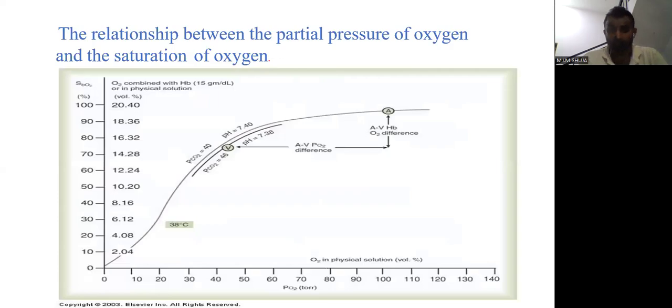You see, up to 60, the curve is rising. Beyond 60, the curve becomes flatter. So even though you increase the partial pressure of oxygen from 60 to 100, the saturation of the hemoglobin increases only from 90 to 100.